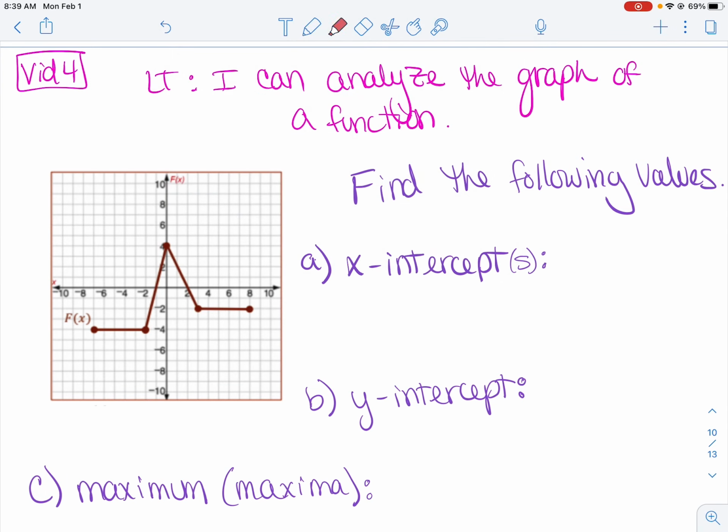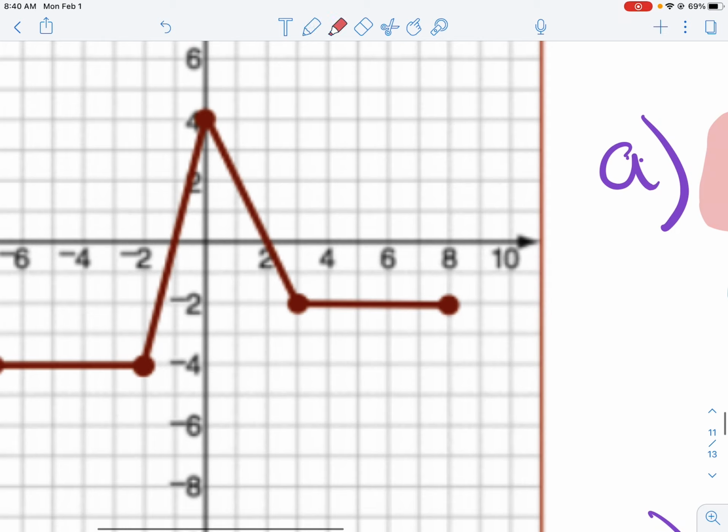So the first thing we're going to talk about are x-intercepts, all right? And x-intercepts are where the graph crosses the x-axis, all right? So when I look at my graph here, it's crossing the x-axis here and here.